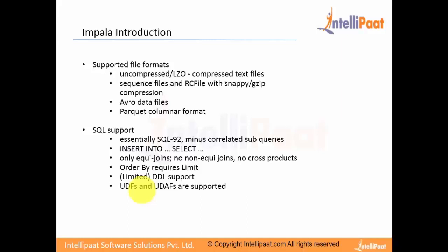The order by clause also requires a limit. It has very limited DDL support, so you can see that limited is mentioned in brackets. Although user-defined functions and user-defined aggregate functions, commonly known as UDF and UDAF respectively, are pretty well supported in Impala.